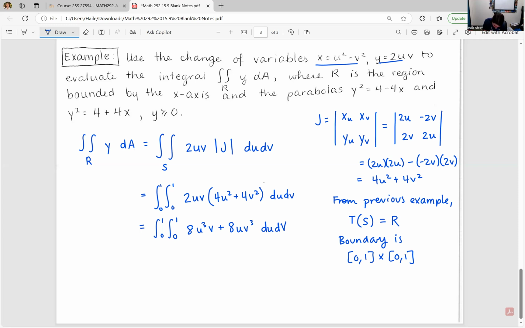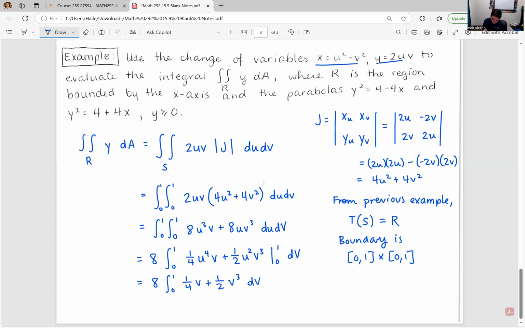Right? I can actually factor out an 8 here to make my work a little easier. And I can go ahead and integrate with respect to u. So I'm going to have 1/4 u to the fourth times v plus 1/2 u squared times v cubed, evaluated from 0 to 1 times dv. So this will be 8 times the integral from 0 to 1 of 1/4 times v plus 1/2 times v cubed dv, because the 0 makes both terms go to 0.